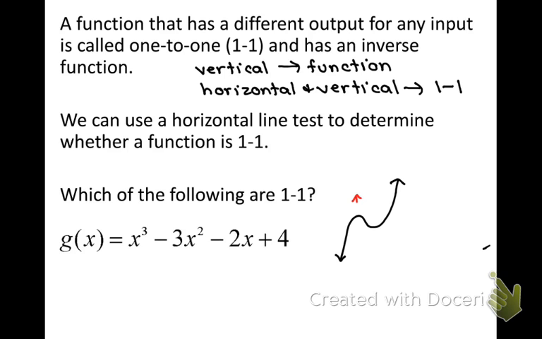And we would have said yes, because it would pass the vertical line test. So it is a function. Now we want to know, is it a one-to-one function? Now we're going to use that horizontal line test. If I draw a horizontal line, it passes through more than once. It fails the horizontal line test, so this is not a one-to-one function.